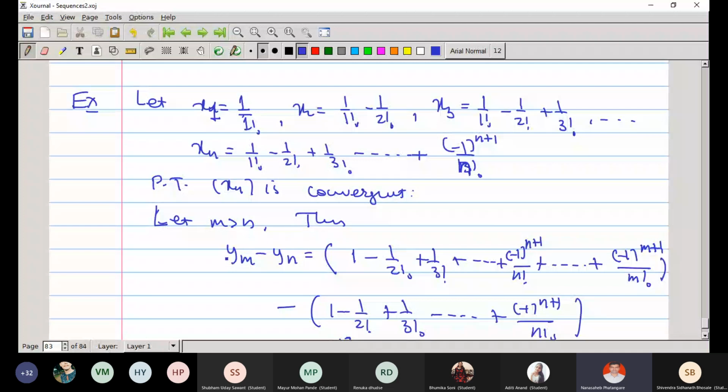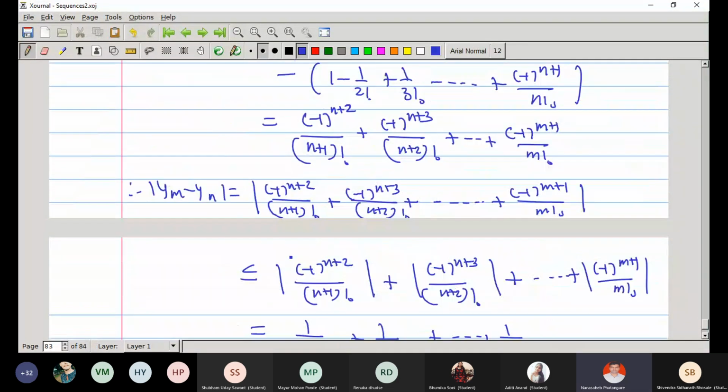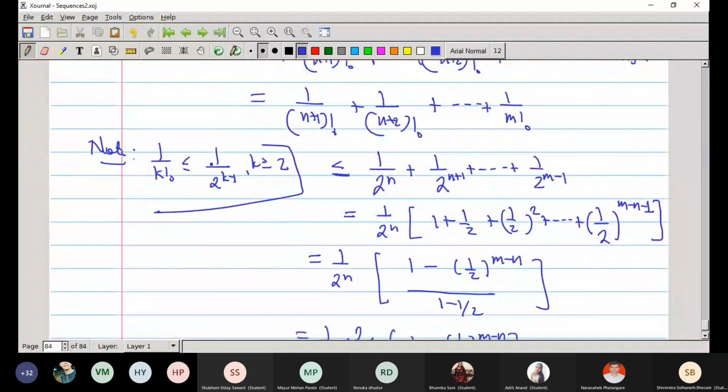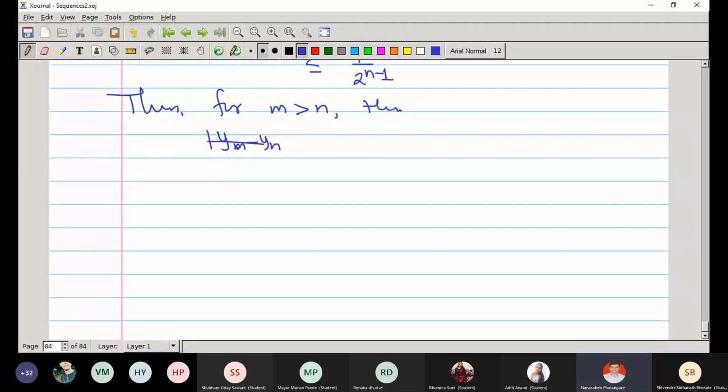Notation is xn, I wrote yn, so xm minus xn. So therefore, what we found, xm minus xn is less than or equal to 1 upon 2 raised to n minus 1 for every m greater than n, whatever m, n we have, this is true.